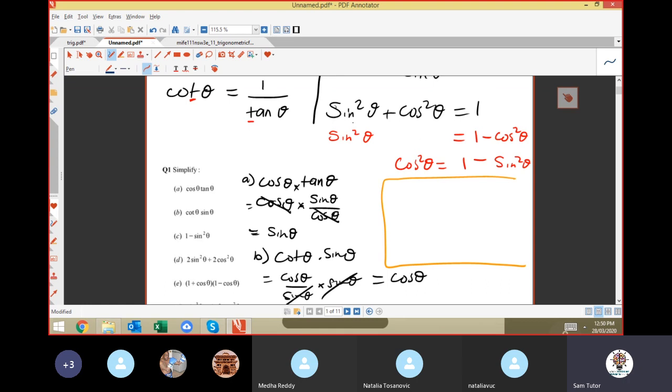Now, there are two other identities as well that you can derive from this. The other one becomes tan squared theta plus 1 becomes sec squared. And another one is on sine, so 1 plus cot squared becomes cosec squared.